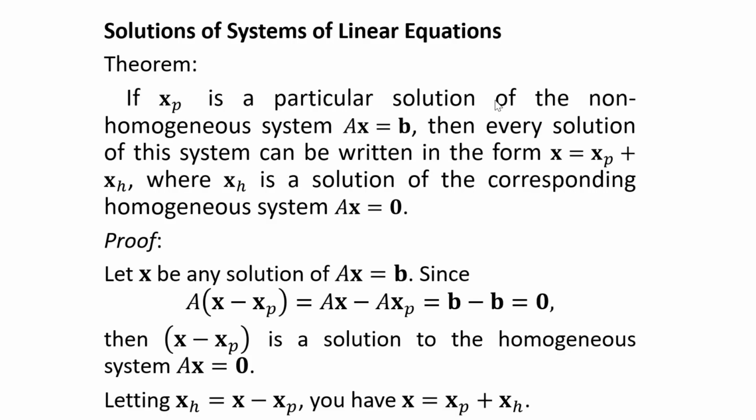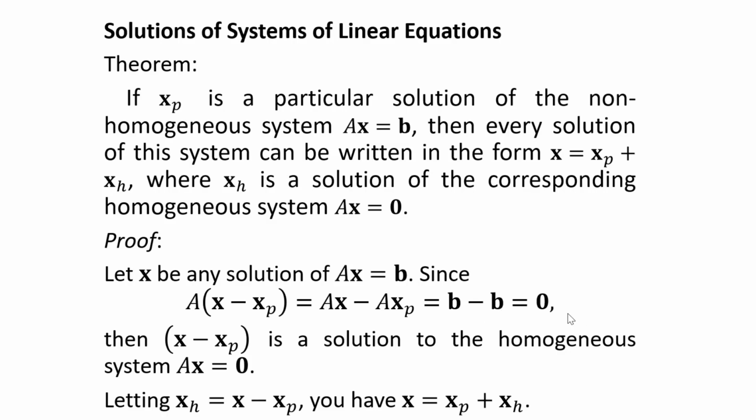So let x be any solution to this non-homogeneous system, Ax equals b. Since we have A times (x minus x sub p), you can multiply the matrix here, so we have Ax minus Ax sub p. Since Ax is equal to b, and since x sub p is also a particular solution to this non-homogeneous system, Ax sub p is equal to b also.